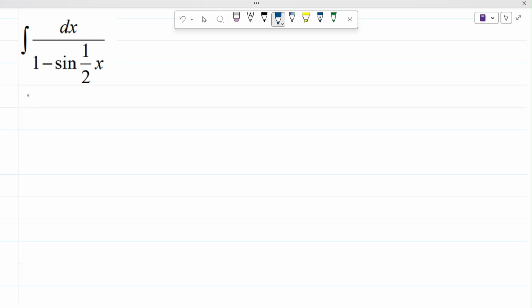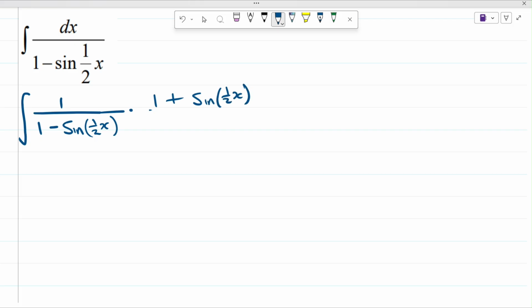We're going to multiply this by a Pythagorean conjugate, and it's going to look like this: 1 divided by 1 minus sine of 1 over 2x, multiplied by the Pythagorean conjugate, which is 1 plus sine of 1 over 2x divided by 1 plus sine of 1 over 2x, and then we have our dx there.